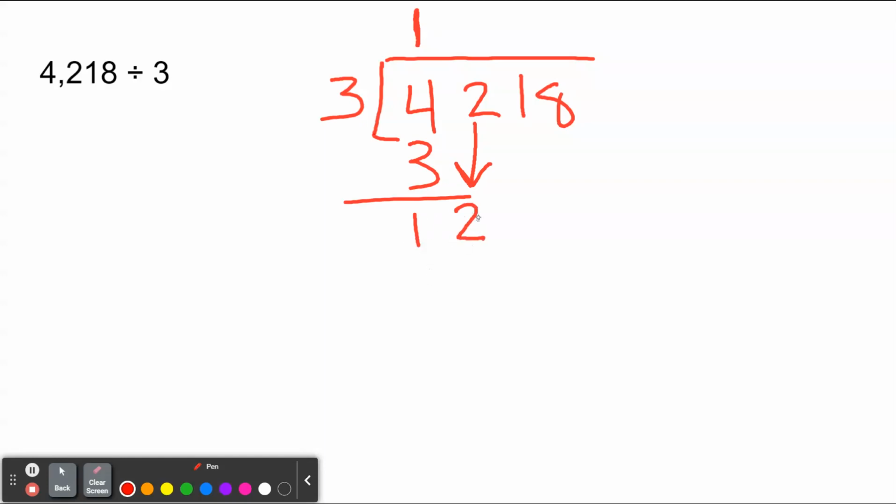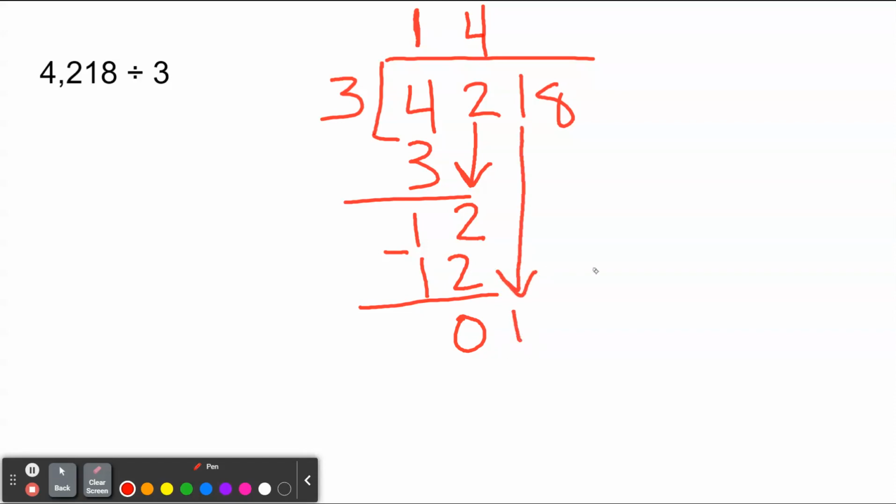So how many times can I divide 12 hundreds into 3 groups? I can put 4 hundreds into each of my 3 groups. So now if I multiply 4 times 3, that's going to give me 12. So if I take that away, I have 0 hundreds left over. Now, let's combine this with my 10.